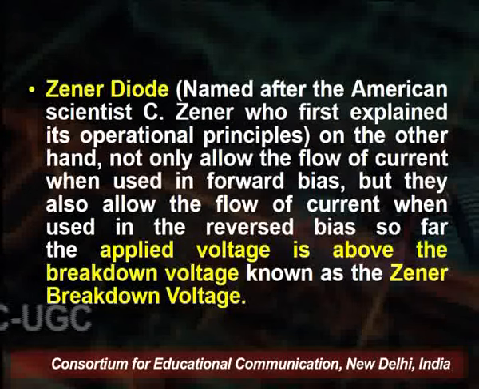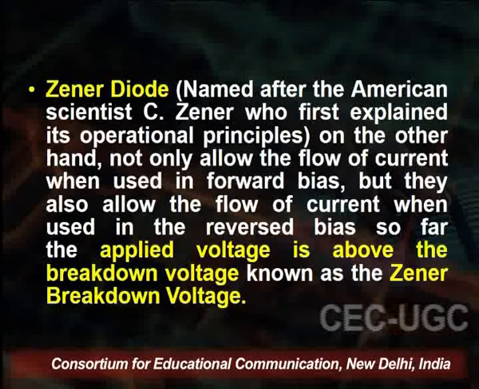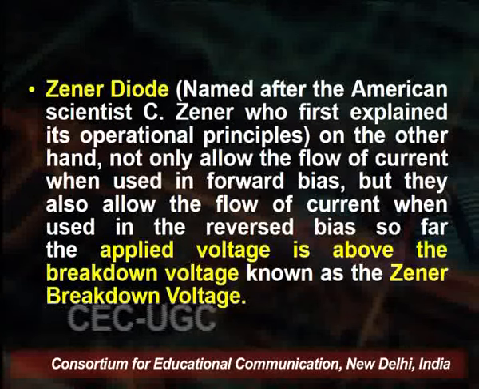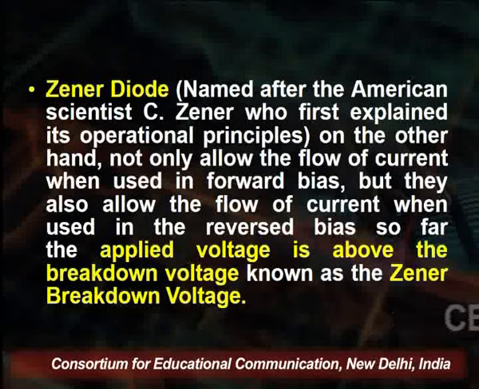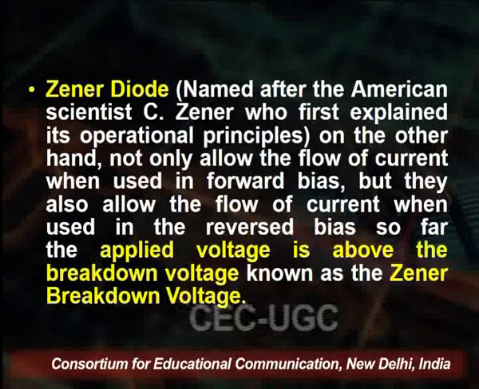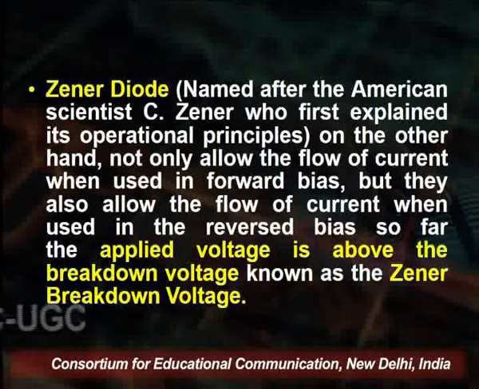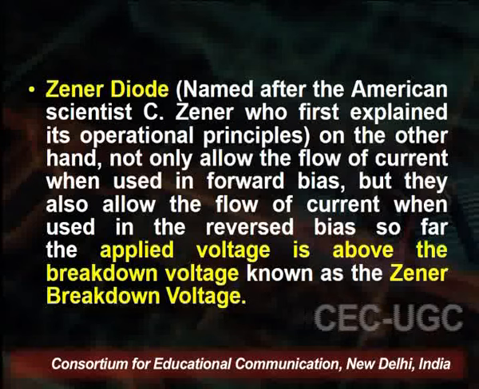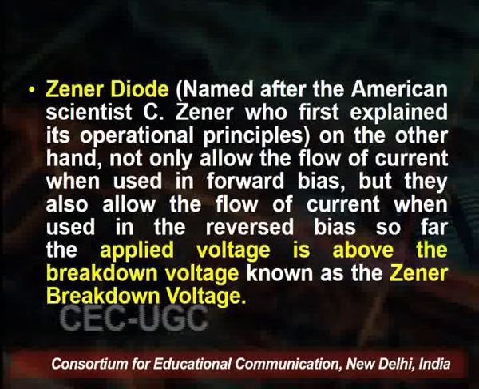The Zener diode is named after the American scientist Zener, who first explained the operational principle of the Zener diode. Zener diodes not only allow the flow of current in the forward bias, but also in the reverse bias, so long as the applied voltage is above the breakdown voltage, known as the Zener breakdown voltage.